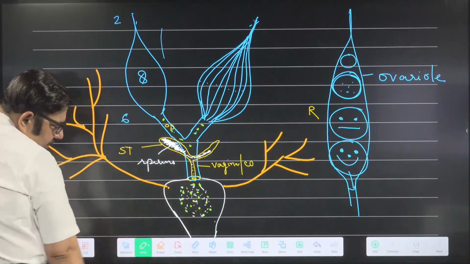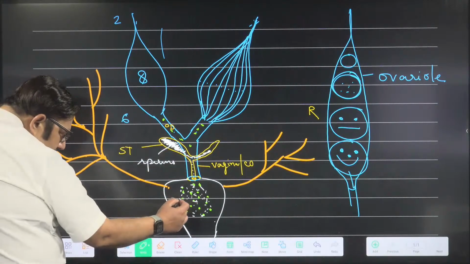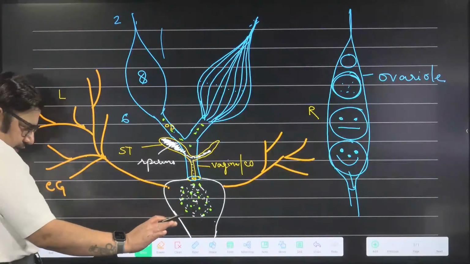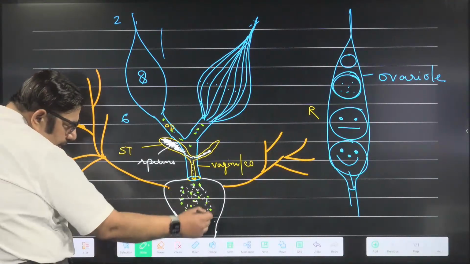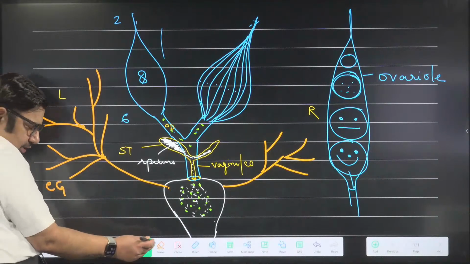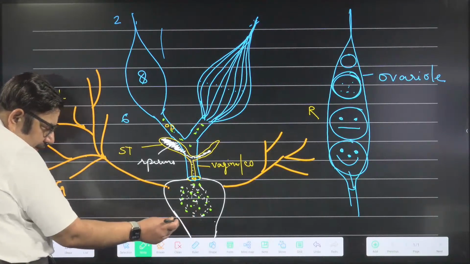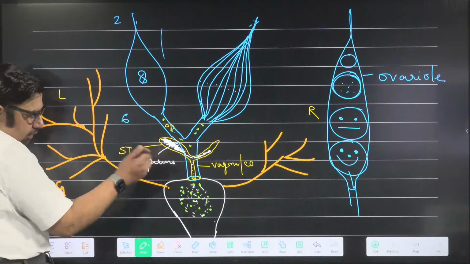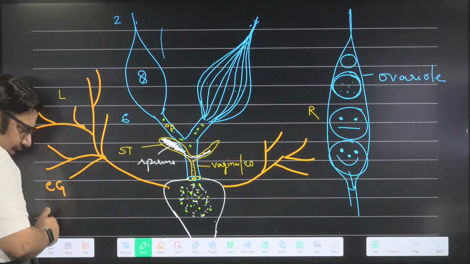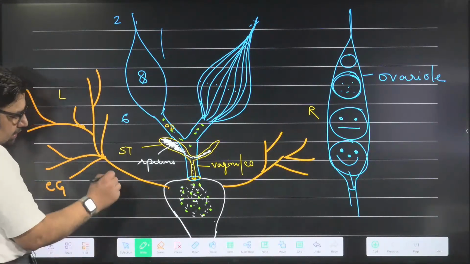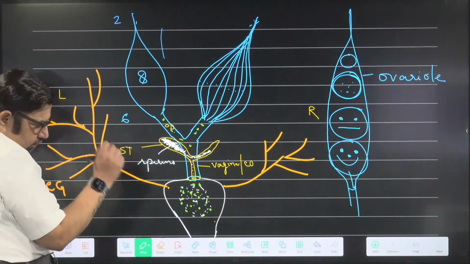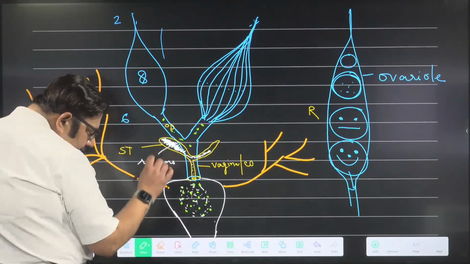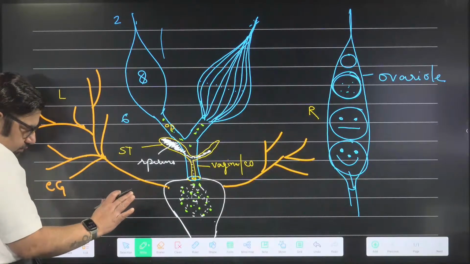Now when this has happened, all the eggs are fertilized. Where? In the brood pouch. The site of fertilization is in the brood pouch, inside the body. Therefore, there is internal fertilization in all arthropods, in all insecta.